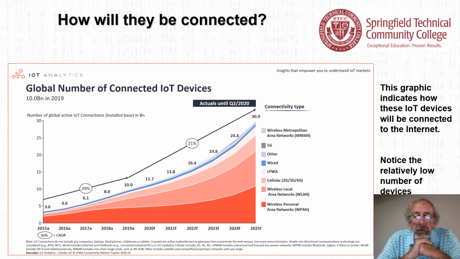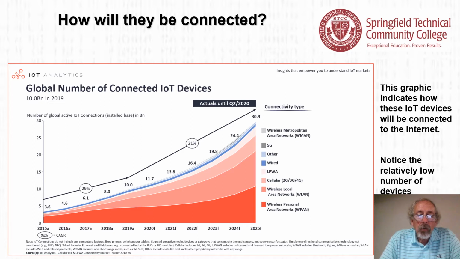The next up above is wireless local area networks, or wireless LANs. Then cellular 2G, 3G, 4G is the pinkish one. LPWA is a very light pink. Wired is the blue. Other is the gray. 5G is the dark gray. And the light gray is wireless metropolitan area networks. Or maybe those were like blues, I'm not too sure.